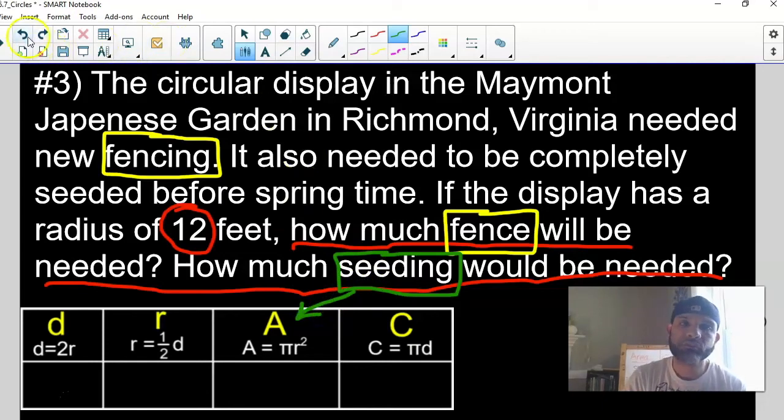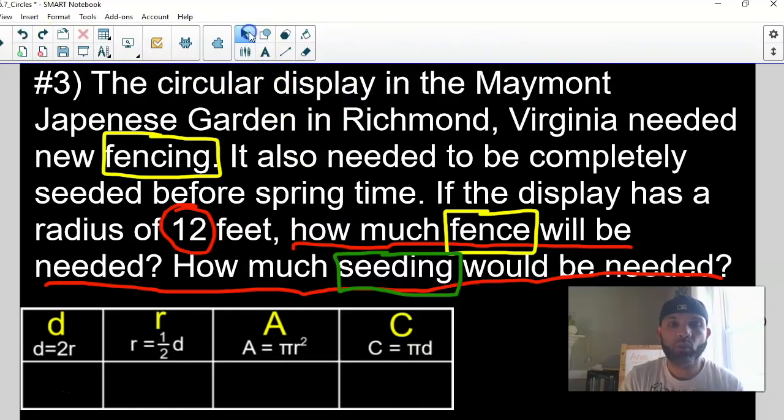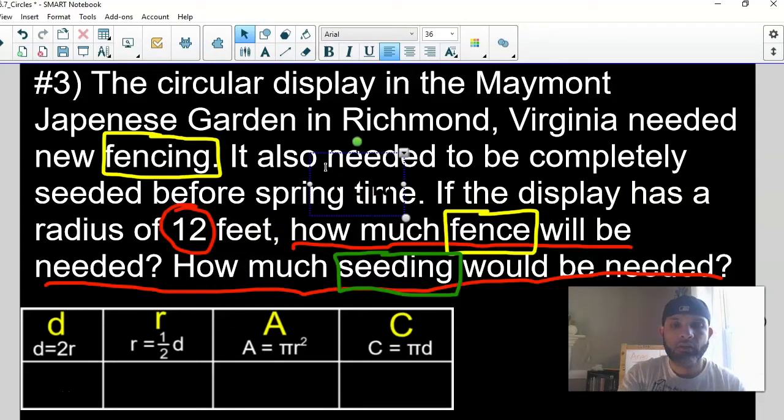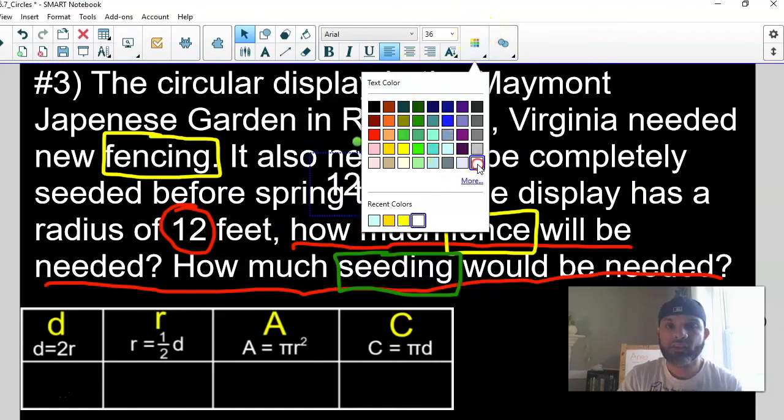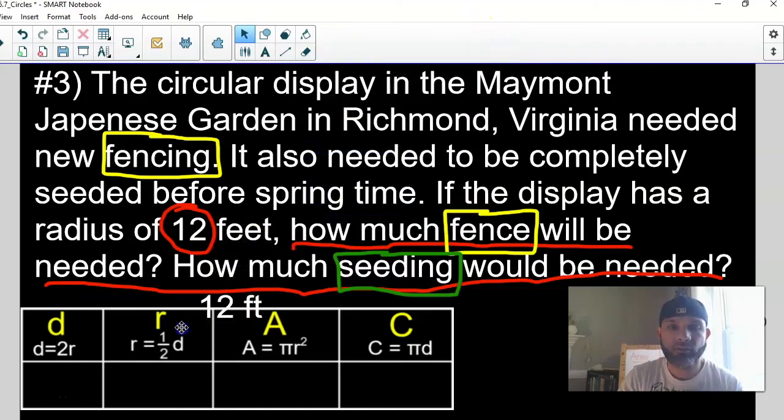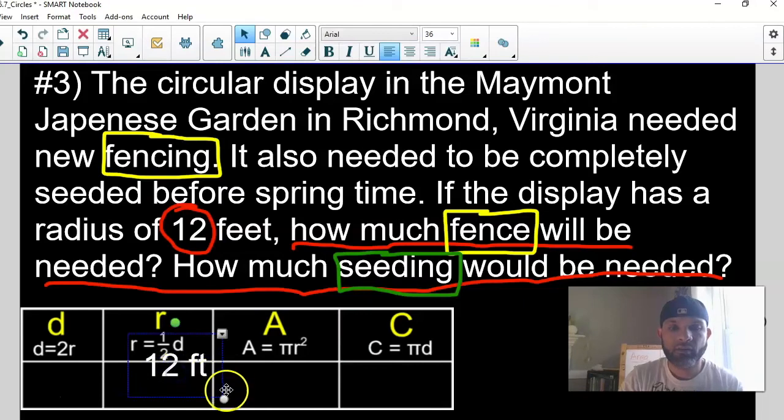So we've got to fill in these blanks here. We're going to put our 12 where? Where does the 12 feet belong? Well, it says that it is the radius, so it belongs right here. Now, what is the diameter?